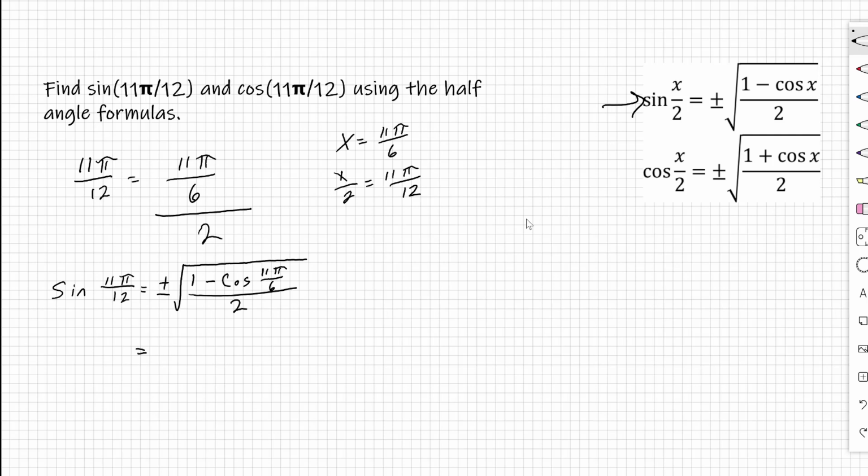And let's see, what is cosine of 11 pi over 6? Quick look at our unit circle. 11 pi over 6 is here, and our x value at that point is the square root of 3 over 2. So cosine of 11 pi over 6 is going to be the square root of 3 over 2. That's all over 2.